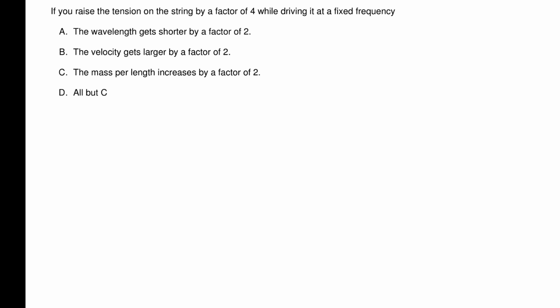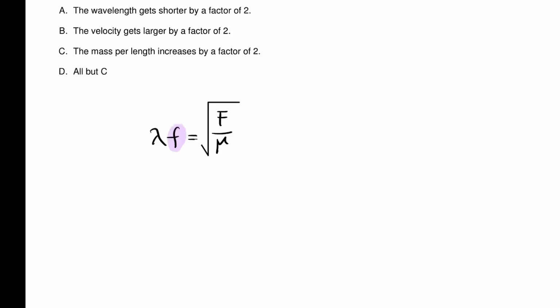Last question. If you raise the tension on the string by a factor of 4 while driving it at a fixed frequency, what happens? So let's write down the equation. In this case, frequency is fixed, so we are not to touch this one. We are going to increase tension by a factor of 4. Let's use a different color.